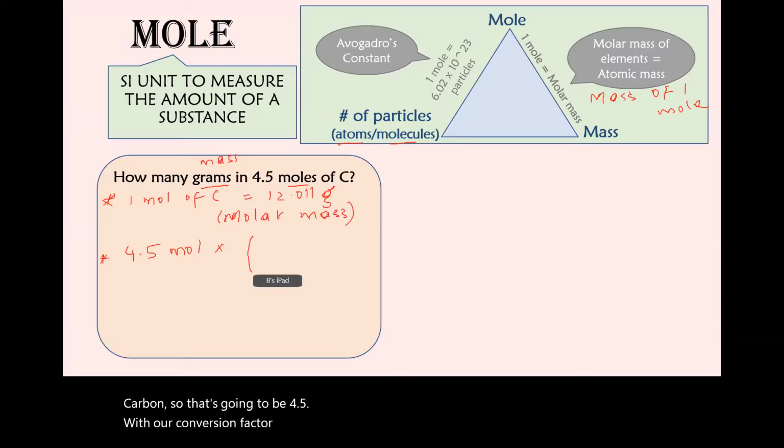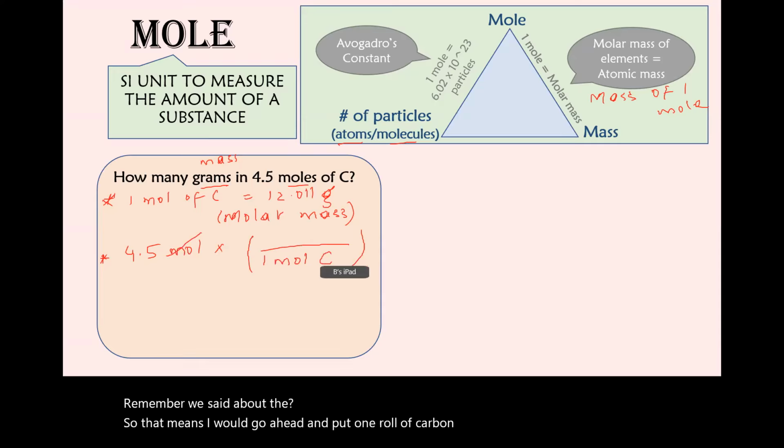Then we multiply that with our conversion factor. Now remember, we have to make a decision about what we want to put at the top and what we want to put at the bottom. Do I put 1 mole of carbon at the top or at the bottom? Remember what we said about dimensional analysis. We want to cancel out the moles. So I want to put 1 mole of carbon at the bottom. That way I can cancel the mole with the mole.